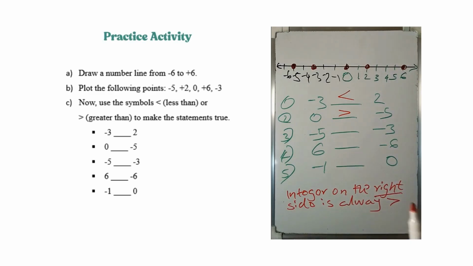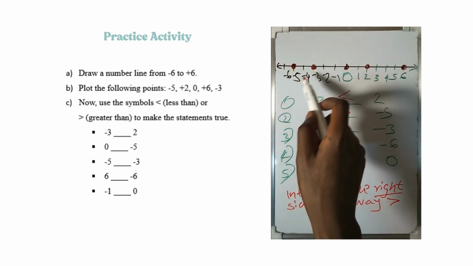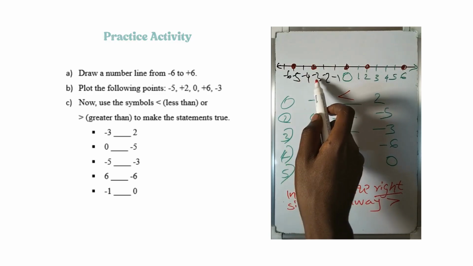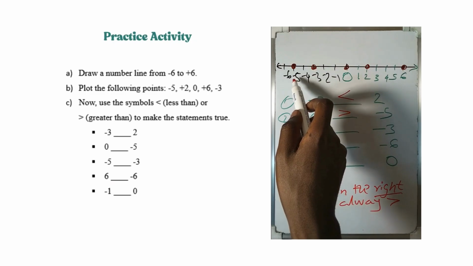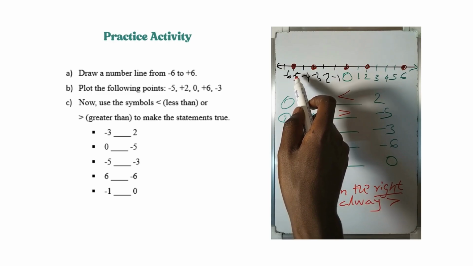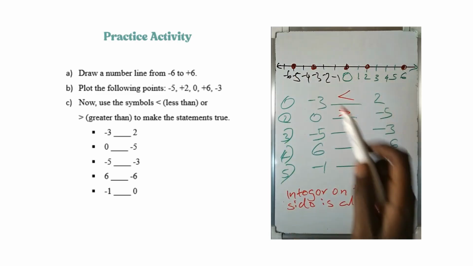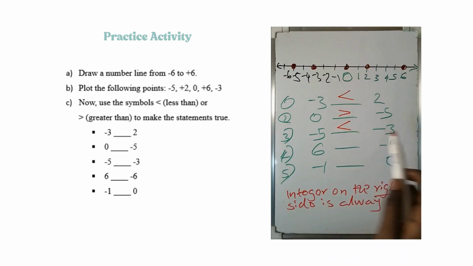Now, -5 and -3. You can see -3 is on the right side and -5 is on the left side. So -5 is less than -3. Now 6 and -6.